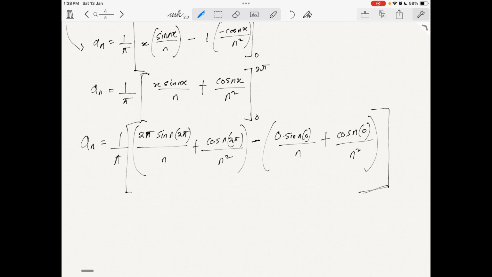Now we can see that this 0 is multiplying this, so everything here turns to 0.